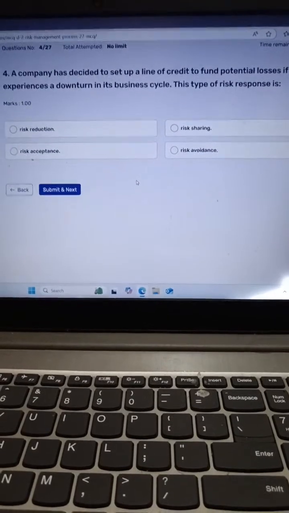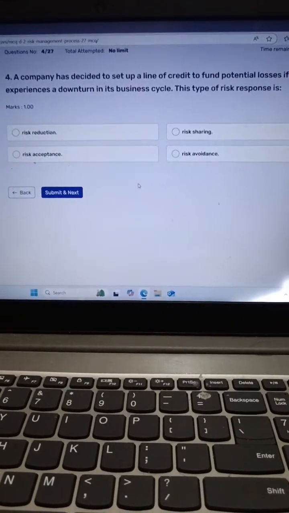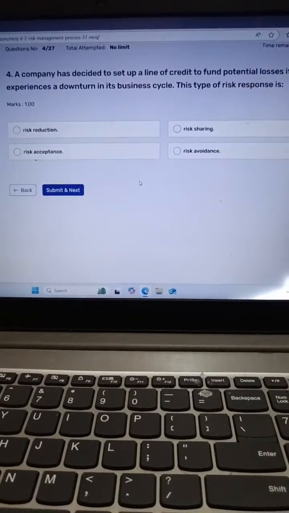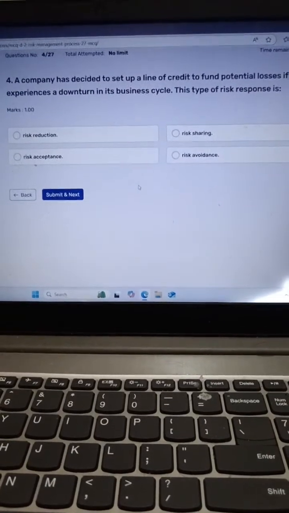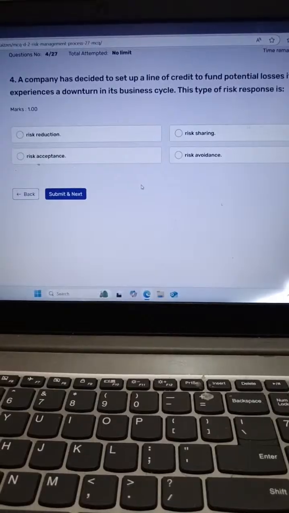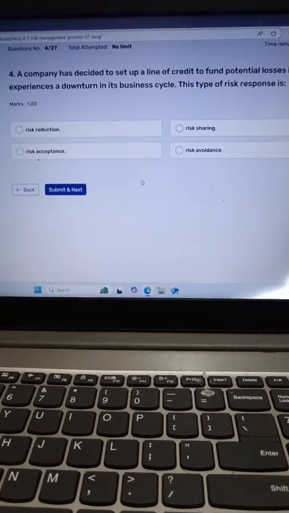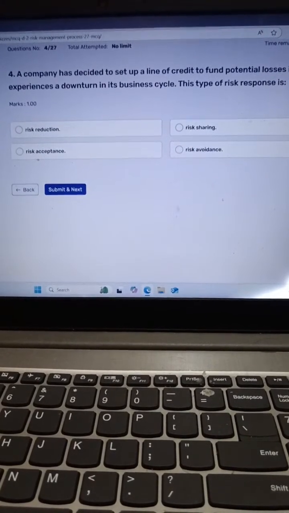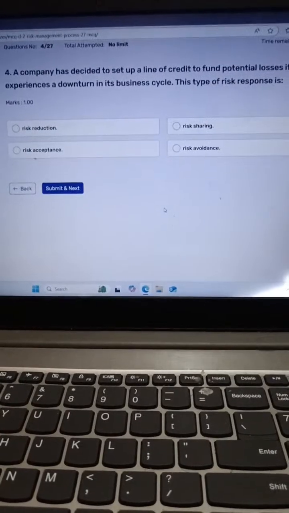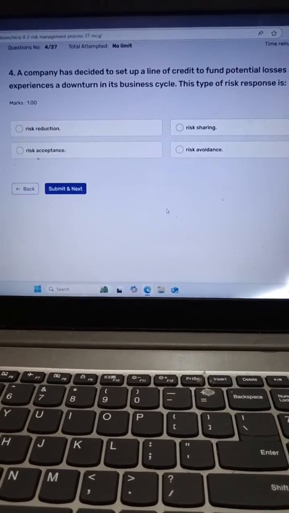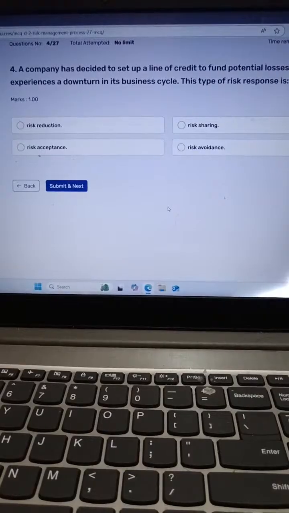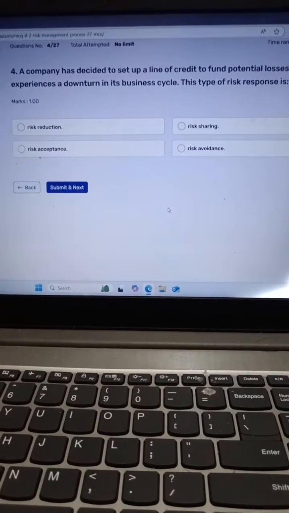Question number 4. A company has decided to set up a line of credit to fund potential losses if it experiences a downturn in its business cycle. This type of risk response is what? Retention risks, reduction risks, sharing risks, acceptance risks, risk avoidance.